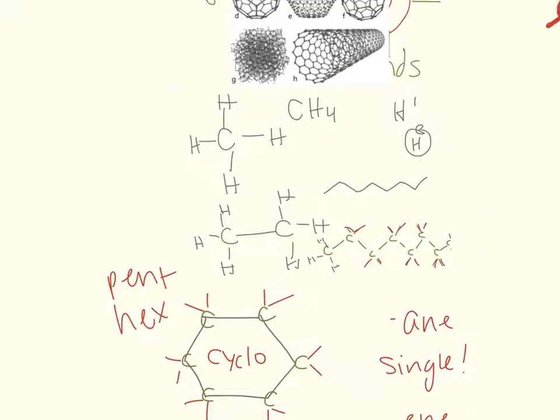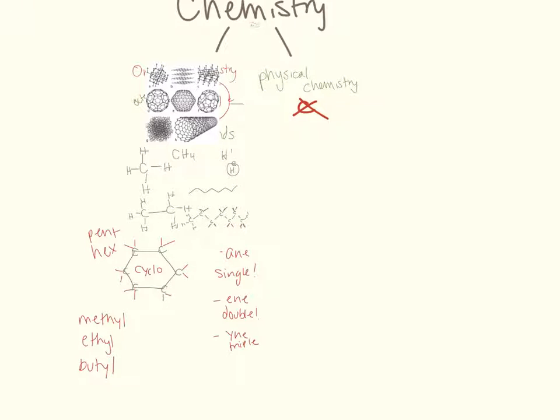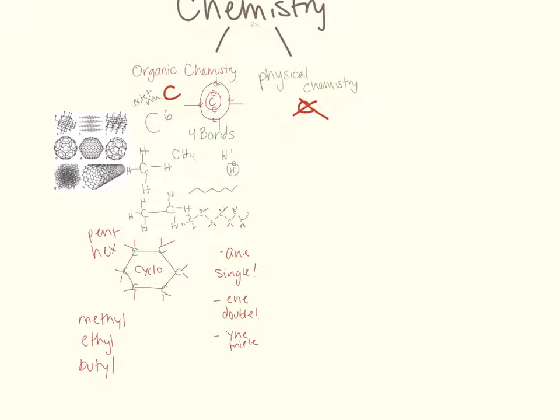So we have all of this mess, but what we're really focusing on is how organic chemistry is different and important from physical chemistry. So physical chemistry is dealing with all of the other elements on the periodic table basically except for carbon and hydrogen. So when these are put together, carbon and hydrogen, also with oxygen, it makes up all the molecules that are inside your body, pretty much.